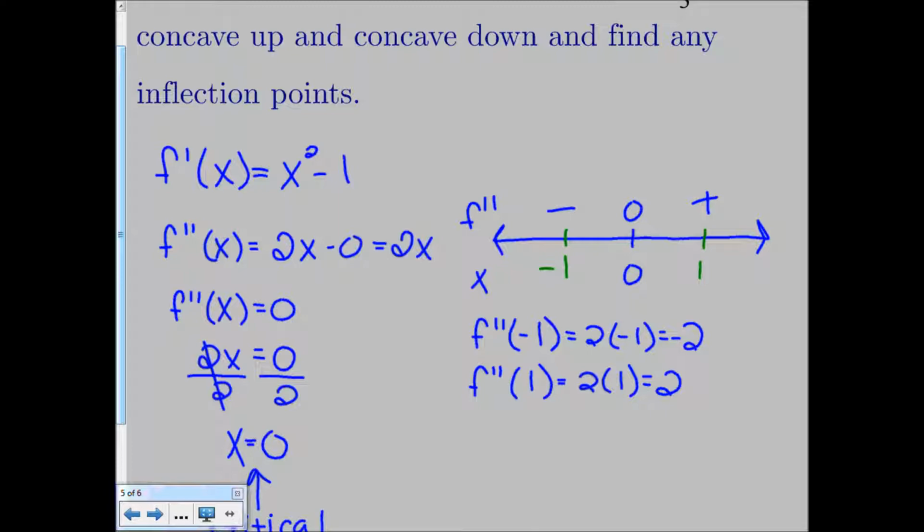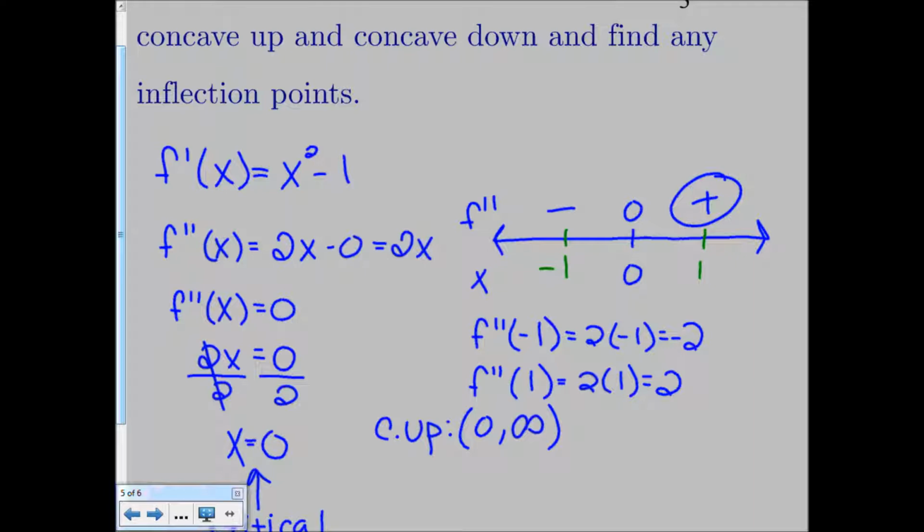So now just like when we were doing the increasing and decreasing problems, all that's left is to write our intervals. So we're concave up when we're to the right of 0 because that's where our positive sign is. So we can write that interval as going from 0 to positive infinity since there are no other critical numbers that would stop it from changing.